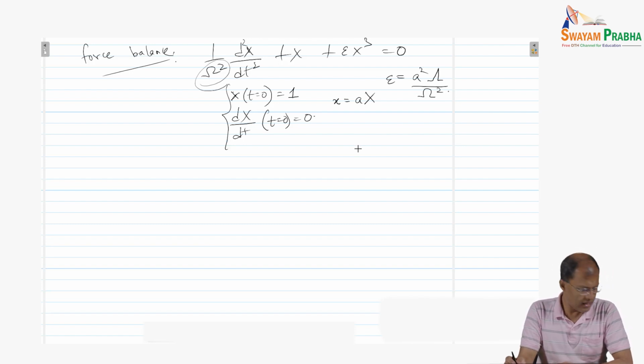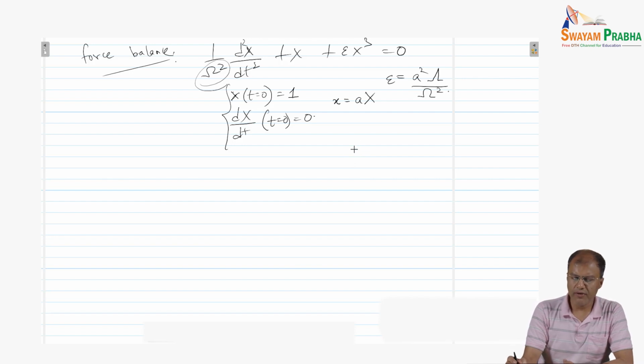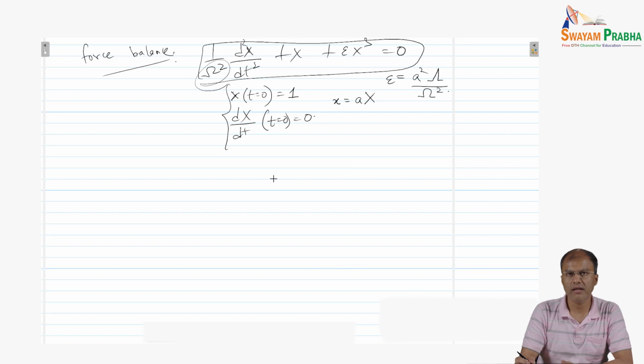Okay, so here we are. So what have we got? So now for epsilon, remember, we have set up this equation for this force balance in such a way that we are now ready to solve this equation or this force balance using our standard perturbation techniques, right?